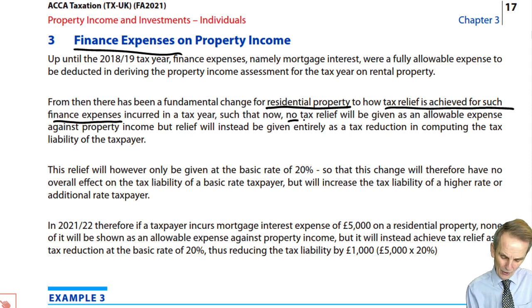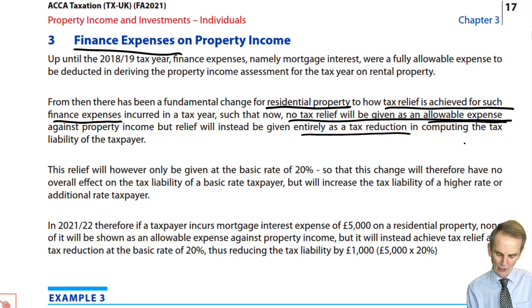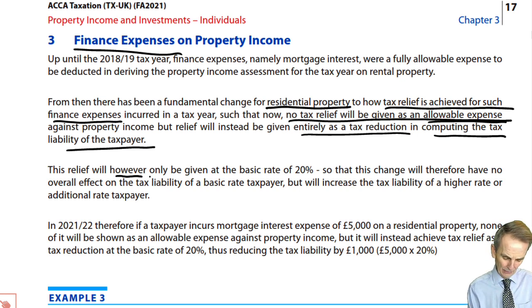Now, therefore, no tax relief will be given as an allowable expense. It's not an allowable expense against property income, but instead will be given entirely as a tax reduction in computing the tax liability of the taxpayer. And critically, this relief will only be given at the basic rate of 20%.